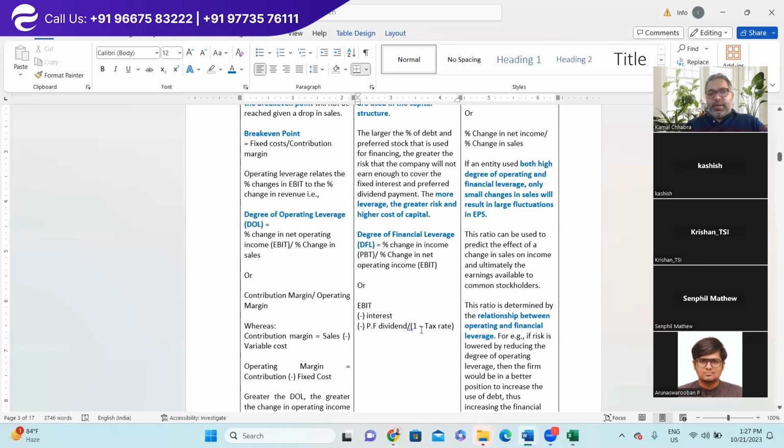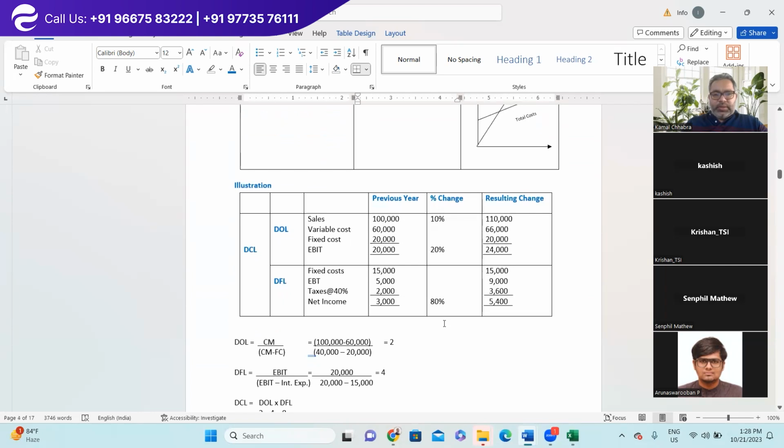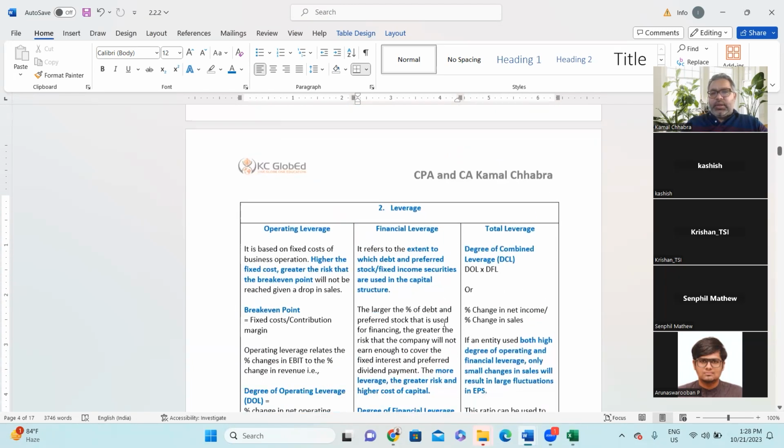That means EBITDA minus interest minus preference dividend, if there is any, which gives you profit before tax. Right? So we'll be doing an example on financial leverage also.